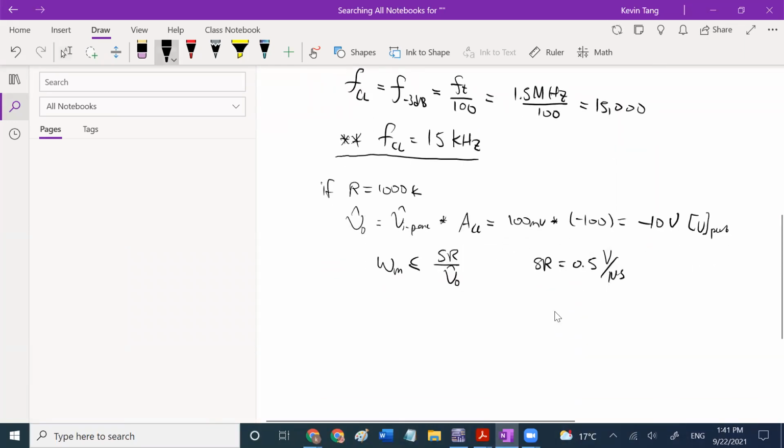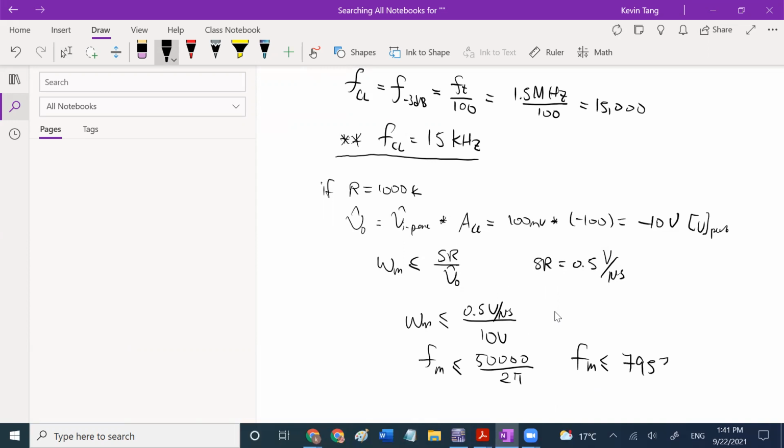Next, we have that FM times 2 pi times the peak voltage is less than 0.5 volt per microsecond, and our peak voltage is 10 volts. Then you just need to do some unit conversion, and FM is less than 7957.74 hertz.